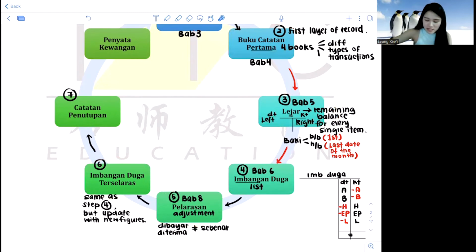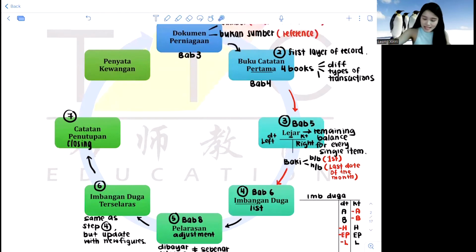But here they purposely add a step just to remind you, before we go into the last stage, please check every single one of the books. Did you manage to close them properly? If you didn't, do it now. So that's why they put it here as step number 7. There's nothing else. Catatan penutupan is just to ensure everything is closed properly, so closing of every single book.